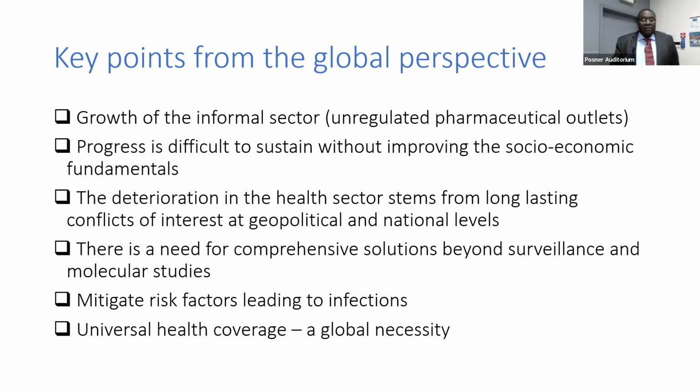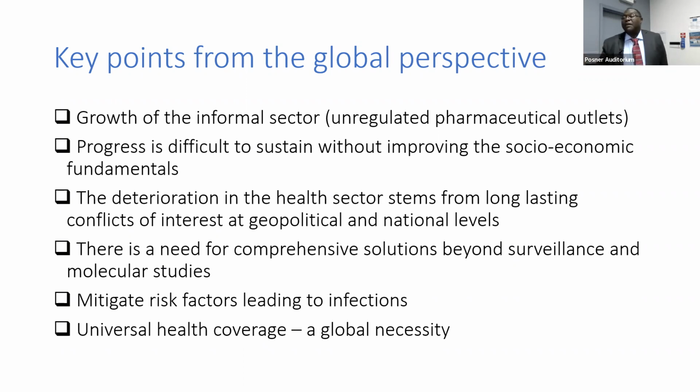So the health sector is really deteriorating because of the geopolitical situation. And there is a need for a comprehensive solution beyond the surveillance and the molecular studies. So we need to move from the lab to the community and look at how everybody is playing a role around AMR. We need to mitigate the risk factors. If the country still lives in poverty, it will be difficult.